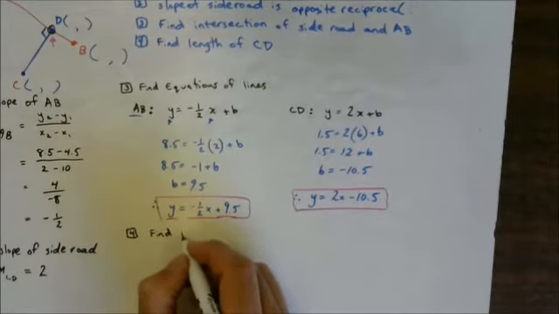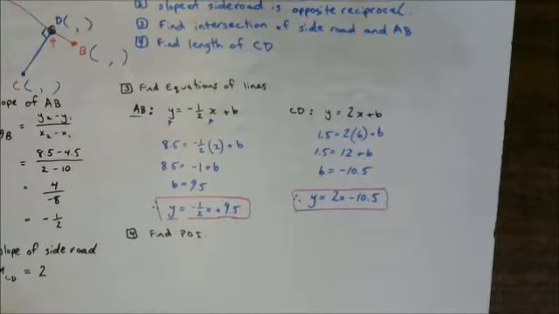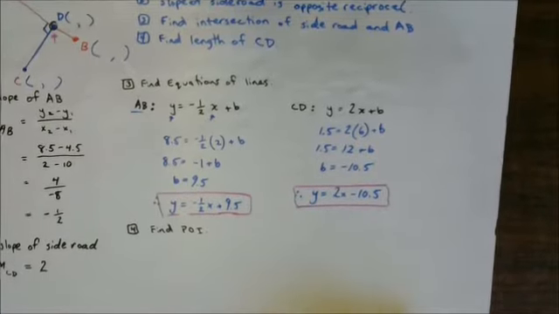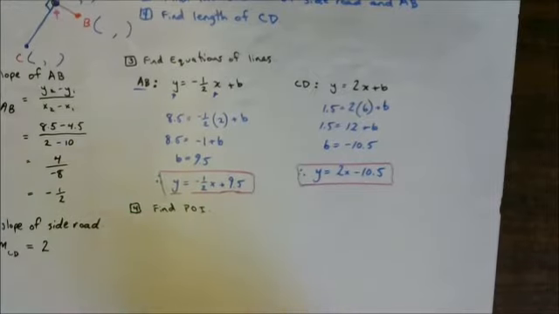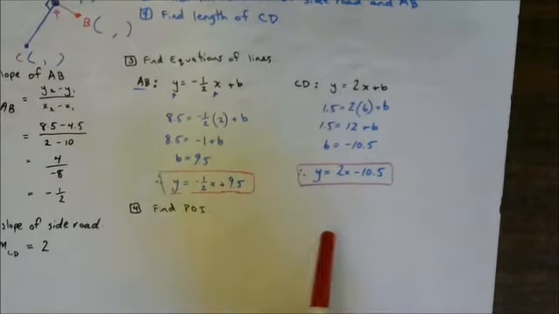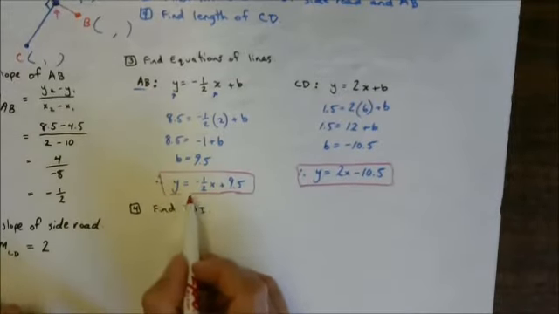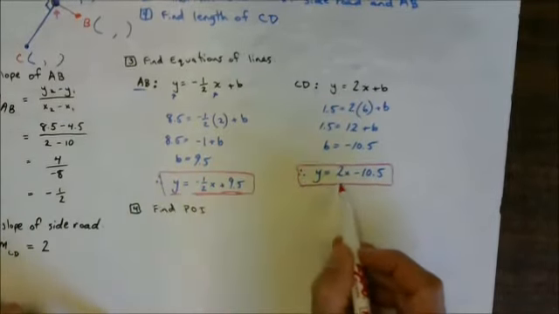Find point of intersection. Now to do that, I can choose, again, between substitution or elimination. In this case, I'm going to use substitution. I could use elimination because the y's are lined up, the x's would line up, and the constants would line up. I'm going to use substitution because I know that y is equal to this and y is equal to that.